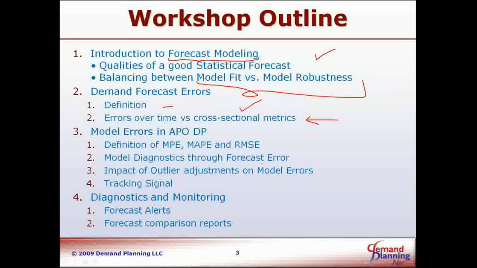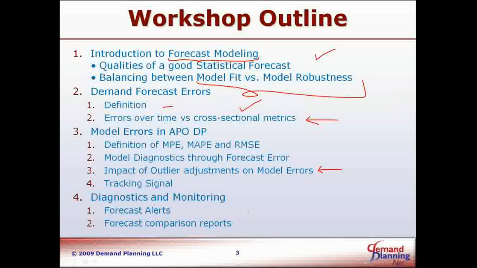Then we'll talk about demand forecast errors, right? This is the key in this workshop. We'll define errors over time versus errors across SKUs. Yesterday we talked largely about cross-sectional metrics because we talked about performance measurement of a value chain. So we talked about errors over SKUs, right? We talked about weighting them.